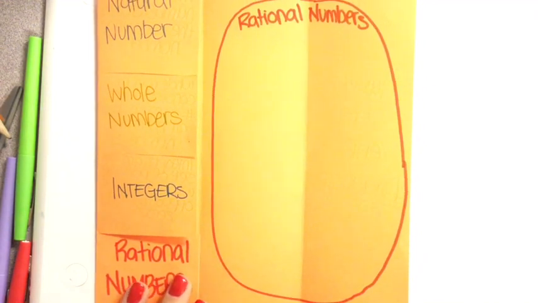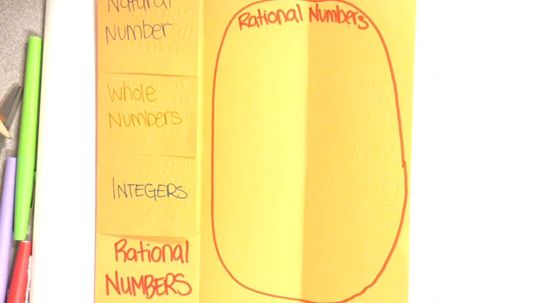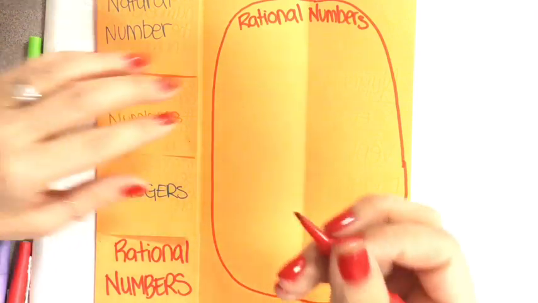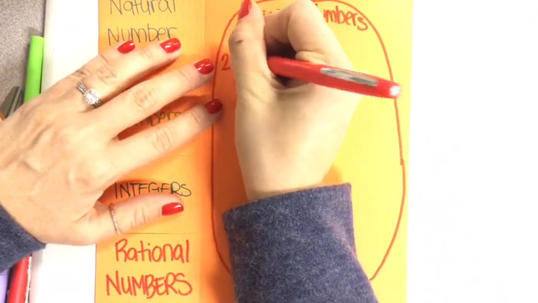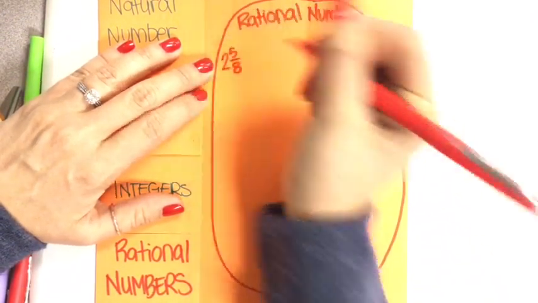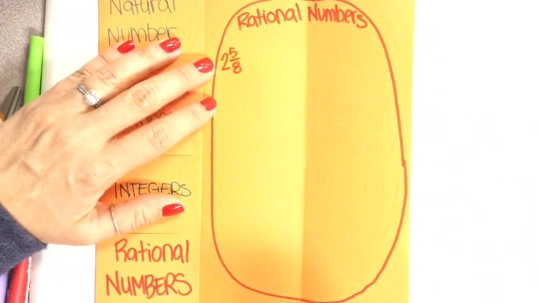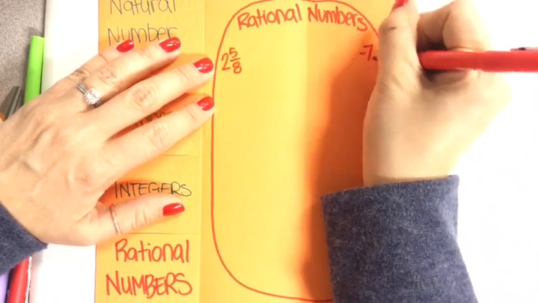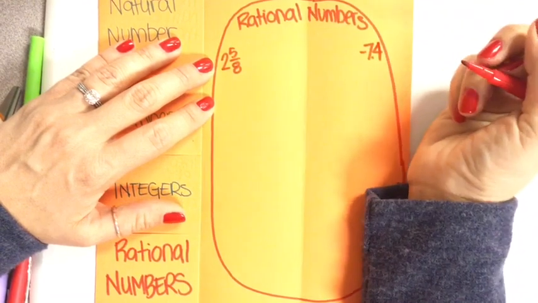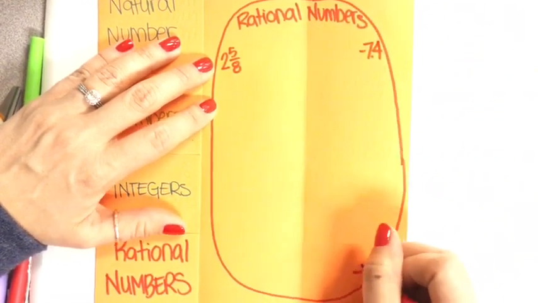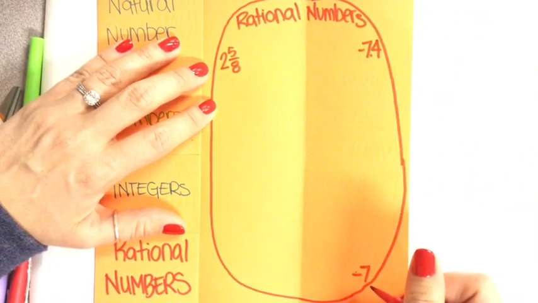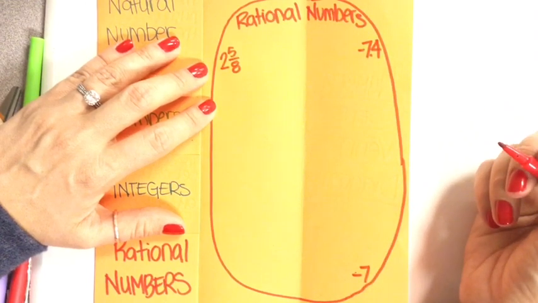So this is my rational number bubble. You might be thinking, why in the world did I make it so big? But I hope that this will make sense in the end. And then very much to the side, I want you to just give some quick examples. So maybe the mixed number 2 and 5/8. Notice I'm doing this very close to the border, and that is on purpose. Maybe I have a -7 and 4/10. But I could also just have the number -7, which is an integer, but it's also a rational number.